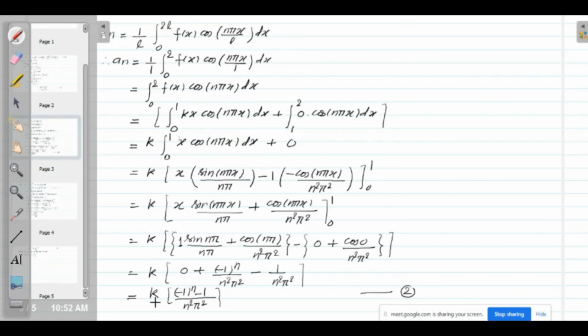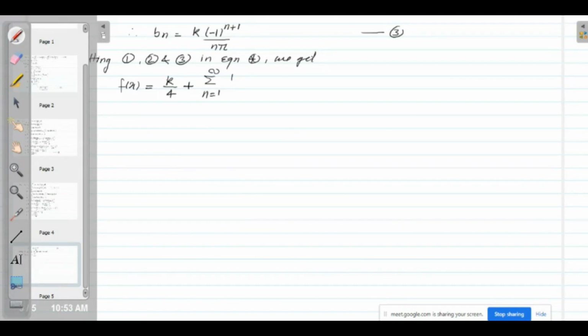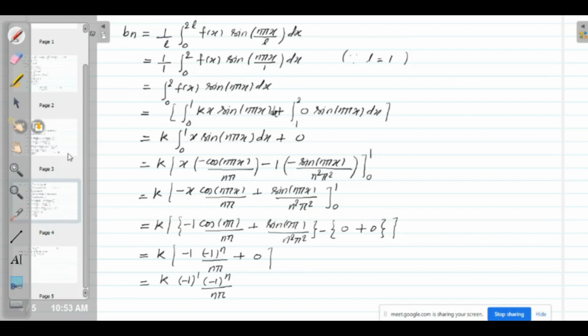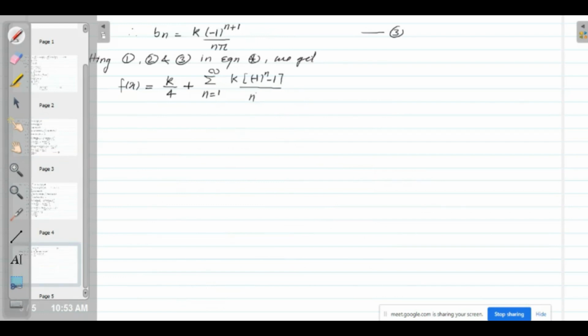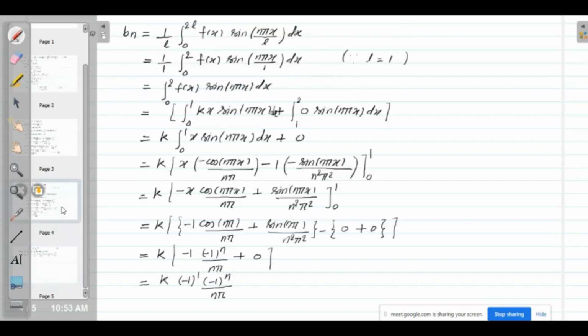Your an is k times minus 1 raised to n minus 1, divided by n square pi square, and here we write cos n pi x by l, and plus the sum running from n equal to 1 to infinity, and bn we found how much?